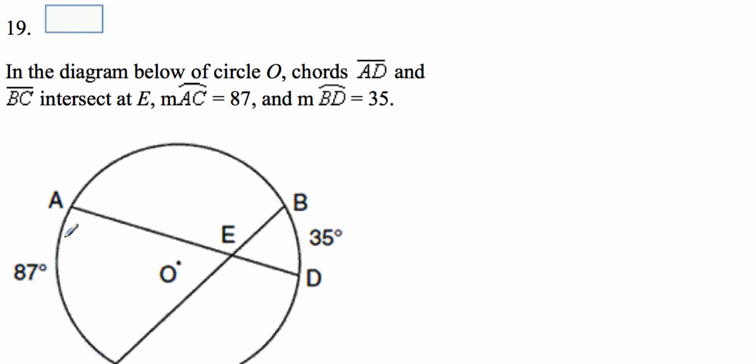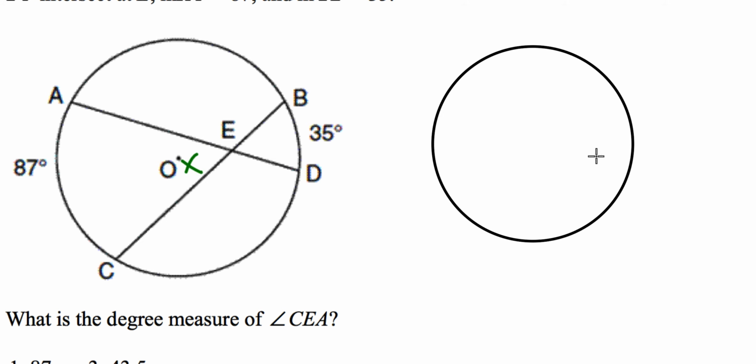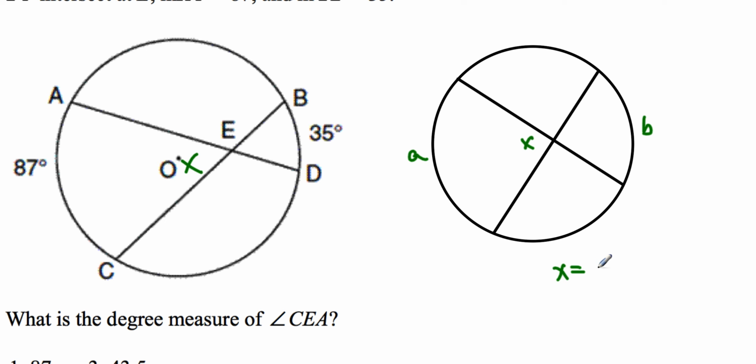Number 19 here. In the diagram, we have these two measures of the angles given. What is the degree measure of CEA? CEA, I'm going to call this one x. In this case, we have to realize that if I have two intersecting chords inside of the circle, where I can call this angle x, and this is A, this is B, then we know that x is equal to A plus B over 2.